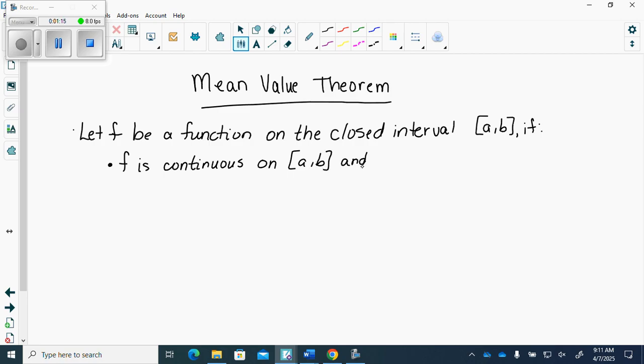And f is differentiable. So if it had a cusp in it, you wouldn't be able to do mean value theorem. Or a corner.